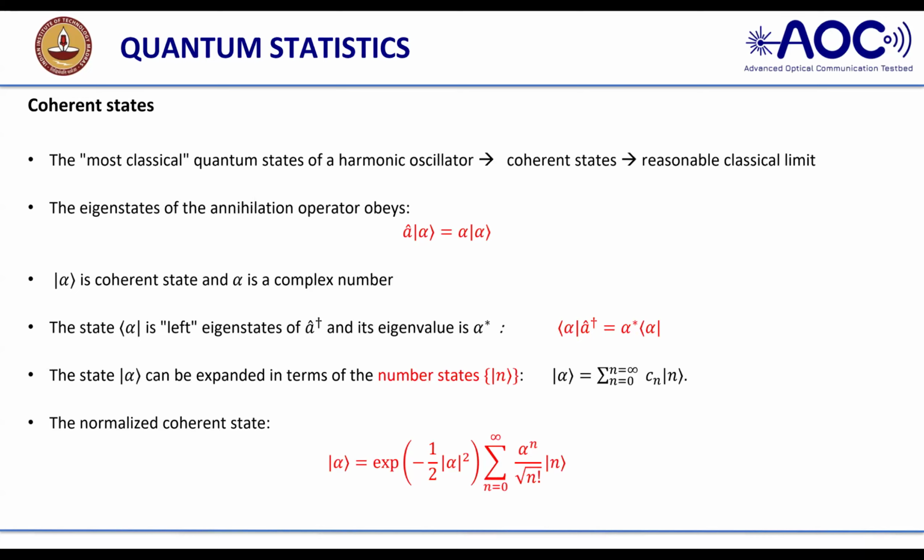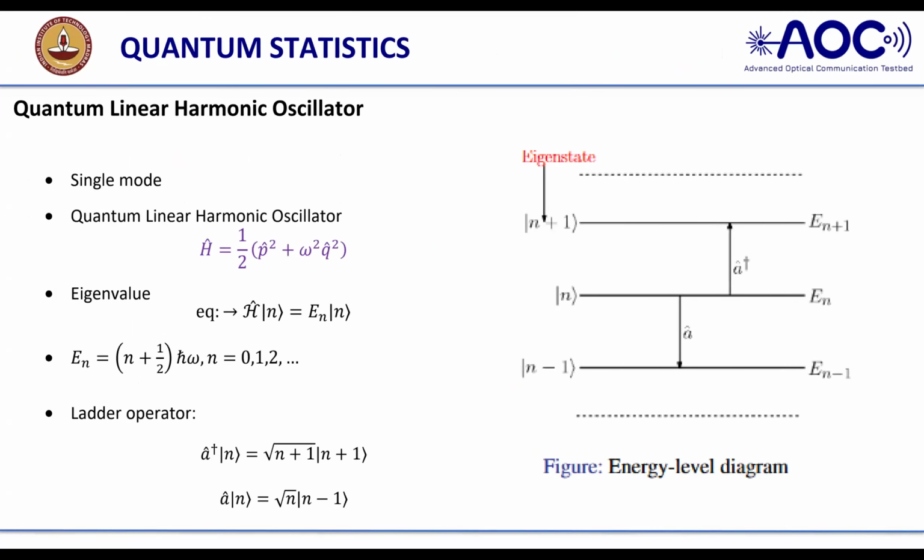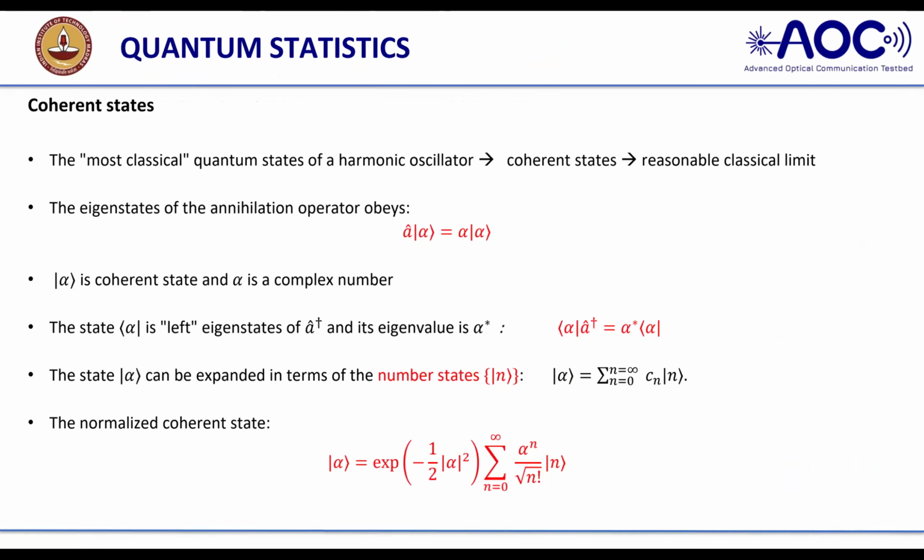He said that there is a coherent state, and it behaves like the quantum linear harmonic oscillator, and it is a classical state. Classical means when you write the coherent state alpha, alpha gives me all the information of the existing system in the reasonable classical limit.